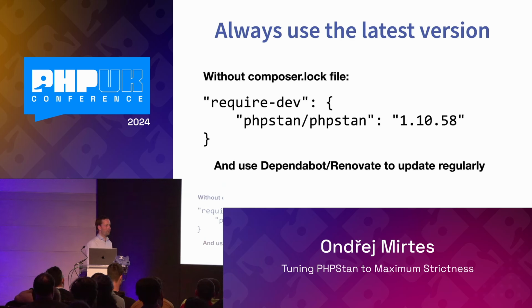So in order to not have your PHPStan version updated as a surprise when you go back to work on Monday and suddenly your CI is running with a different version of PHPStan than before and you might see some failures, it's really better to pin it to a specific version and not forget about automated processes to let it update for you. So you should update your dependencies regularly.